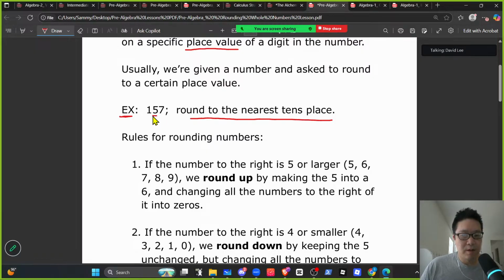What we're going to do is immediately look to the number to the right of that number. What number is to the right of 5? 7.